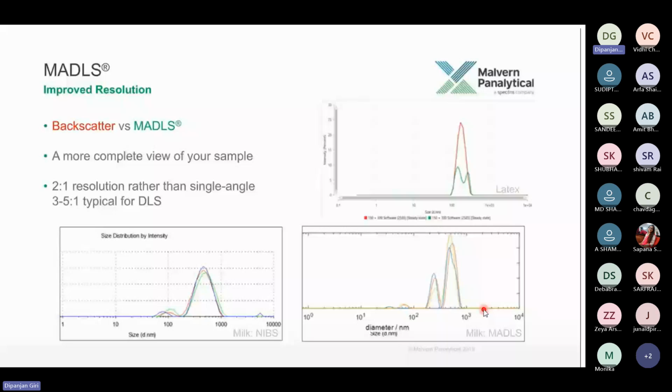With the backscatter result, you get a broad distribution, and ideally this broad distribution is the high quality sample. But when you look at the MATLAB, the peak can split with the MATLAB measurement somewhere around probably 700 nanometer, and this is how MATLAB provides the improved resolution in the data.